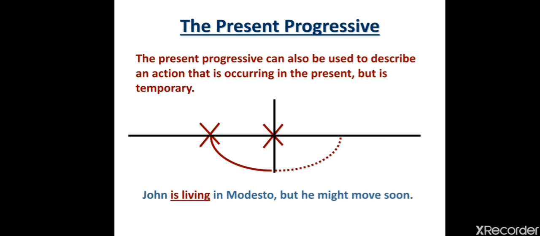See, we utter this sentence at any time of the day. At the time of using the sentence, the boy may not be going to the class, but he is going to the class every day. So it's a temporary action, but still we use present progressive.